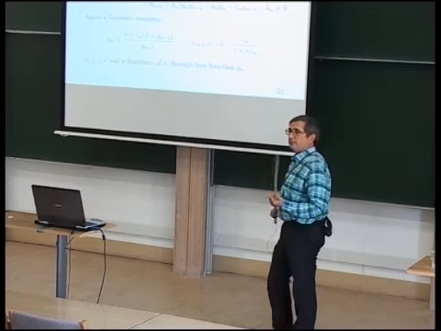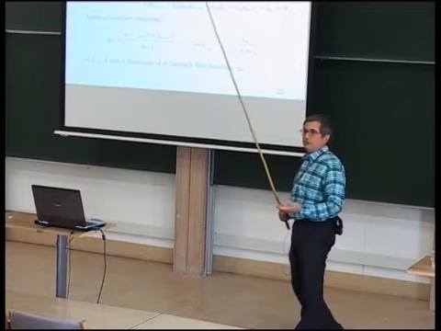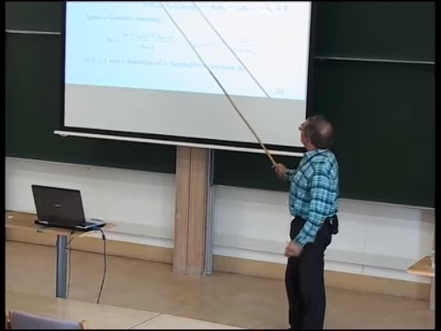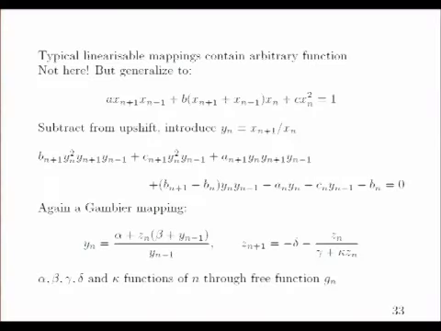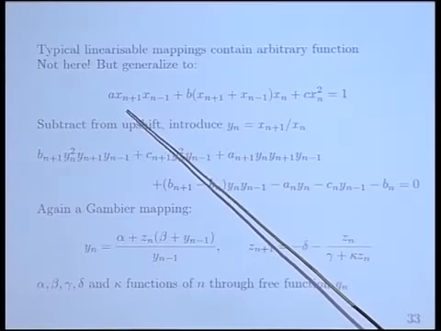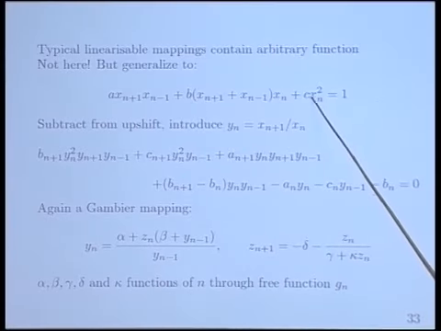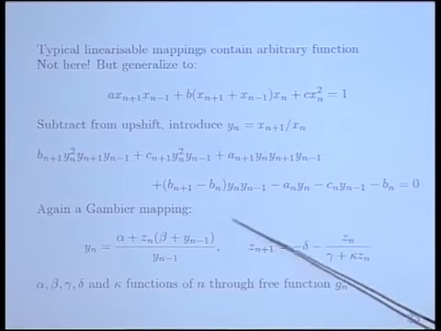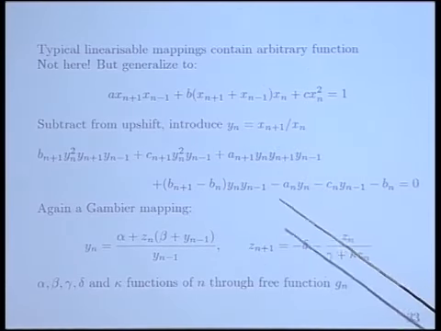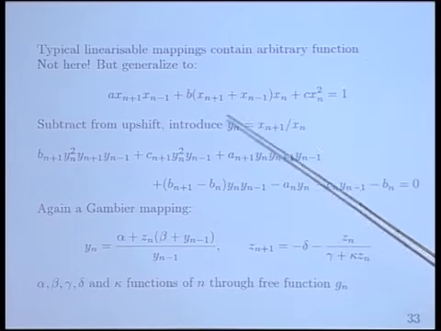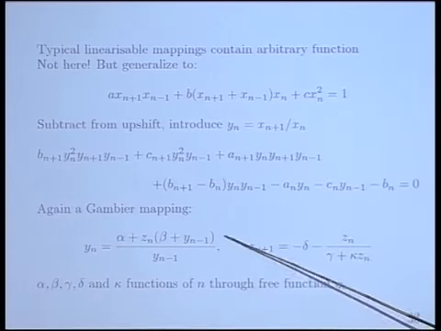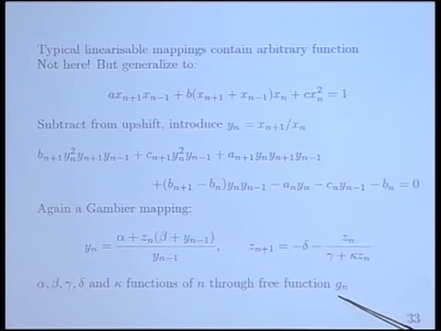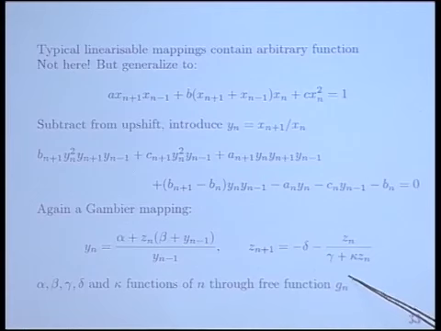So this worried us for a while, and we said, okay, let's give more freedom. So now we allow A and C to be two different functions of n. And if we do that, then we manage to write again a linearization of this equation in terms of a Gambier mapping, all in terms of a completely free function g of n.